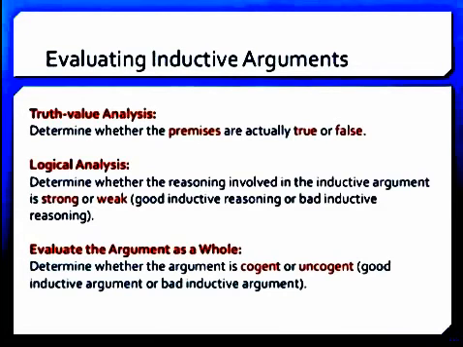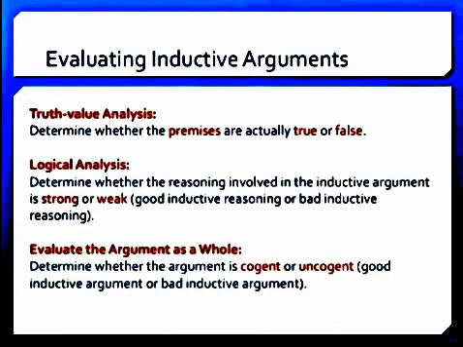Now finally, like deductive arguments, we are going to bring together both truth-value analysis and logical analysis to evaluate the entire argument as a whole. For inductive arguments, unlike deductive arguments, what we're concerned with here is that of cogency. Now for deductive arguments, we are concerned with soundness. For inductive arguments, when we evaluate the argument as a whole, we want to know if the argument is cogent or uncogent.